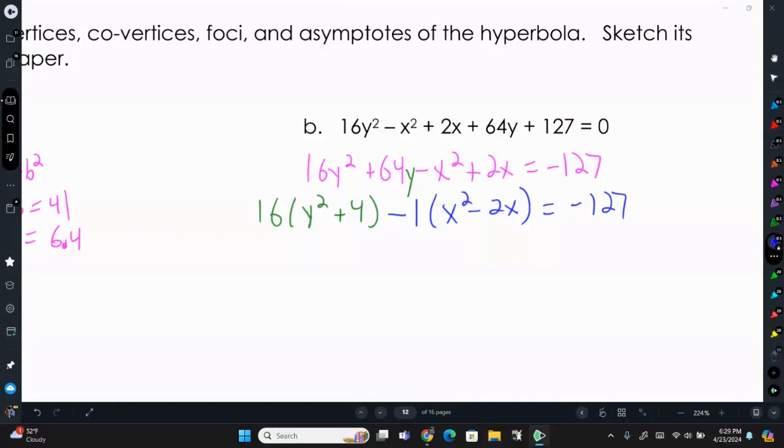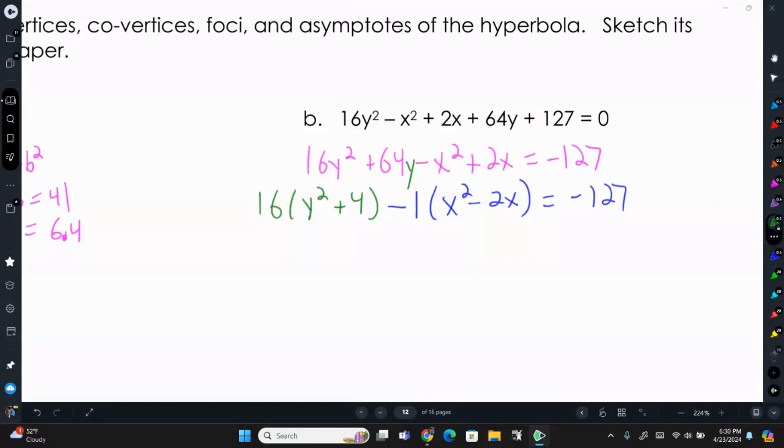Everything about the x needs to share that negative sign, so that's why we're factoring out a negative 1. So now we're going to complete the square. 4 over 2 squared equals 2 squared, which is 4. And over here, negative 2 over 2 squared equals negative 1 squared, which is 1.